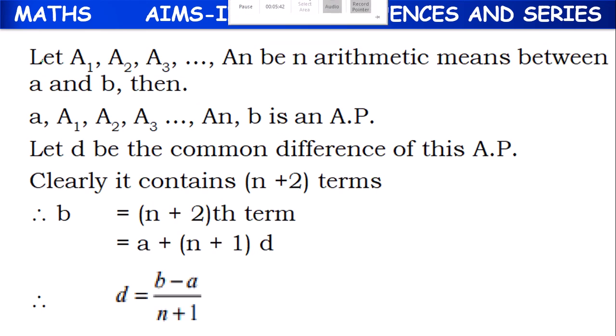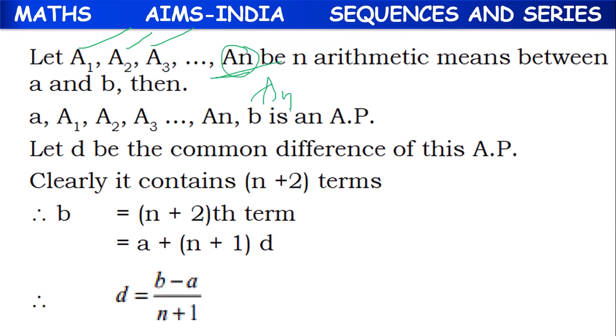Suppose A1, A2, A3, up to An are the n arithmetic means between small a and small b.